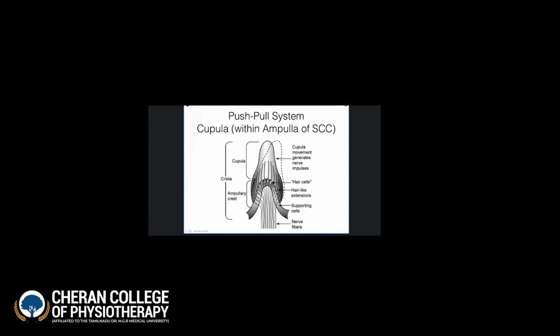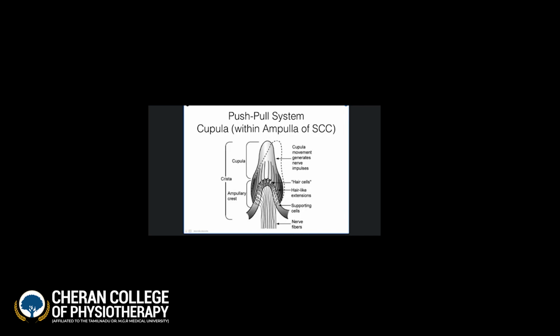That is called the physiology part of the vestibular. So in the vestibular, we have to work on the semicircular canals, which are anterior, posterior, and lateral, and the saccules. Okay. So when the crystal moves out from the saccule, what will happen? There is a pull and push system happening.